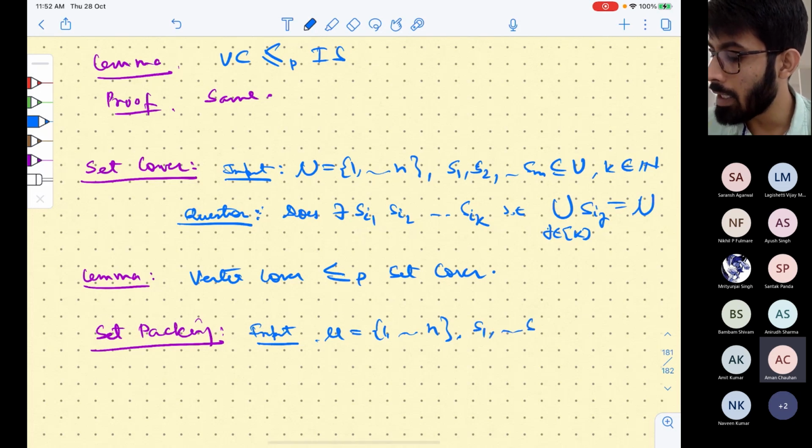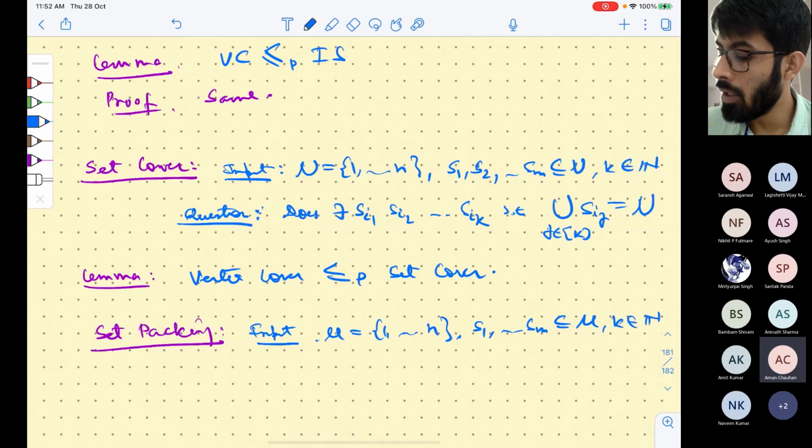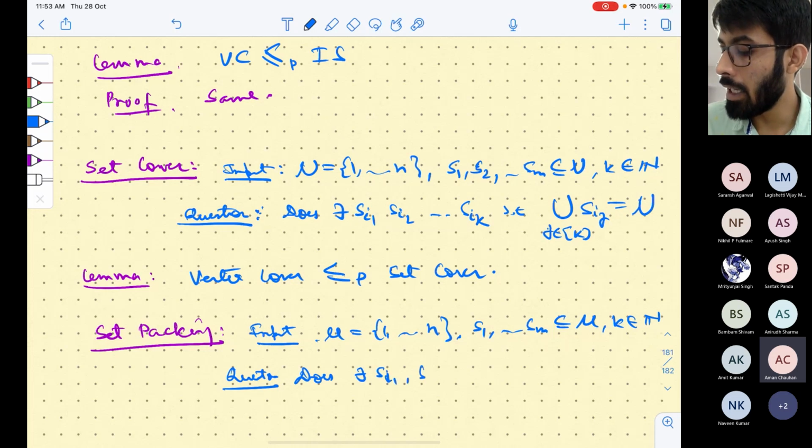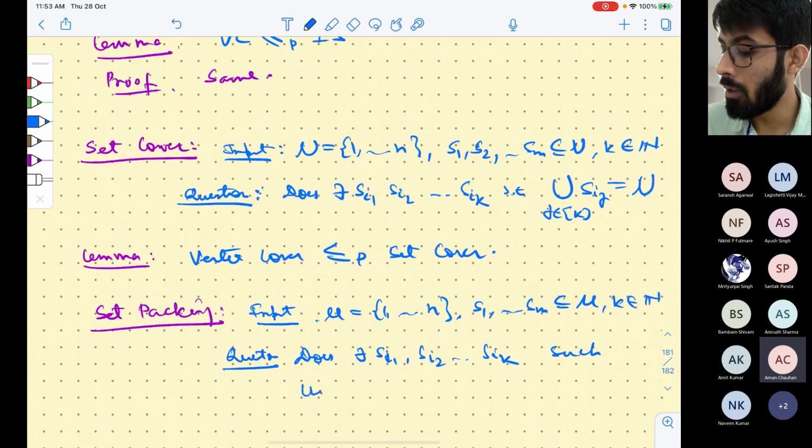Then S1 to Sm are subsets of U, and again you are given k belonging to n. The question is, does there exist Si1, Si2, up to Sik such that they are mutually disjoint?